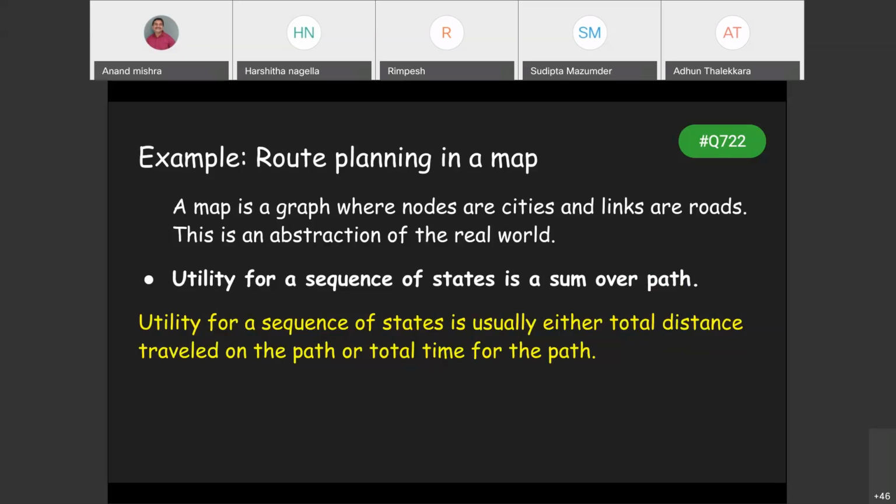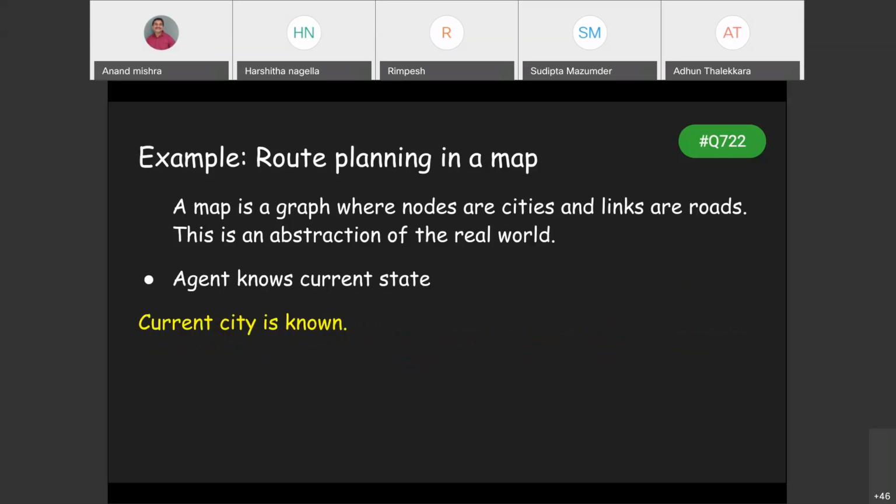The utility for a sequence of states is usually either the total distance traveled on the path or the total time for the path. The final assumption is that the agent knows the current state, that is, the current city is known.